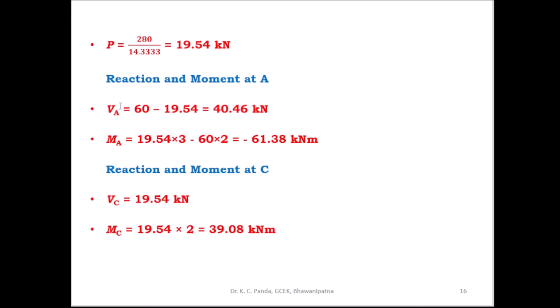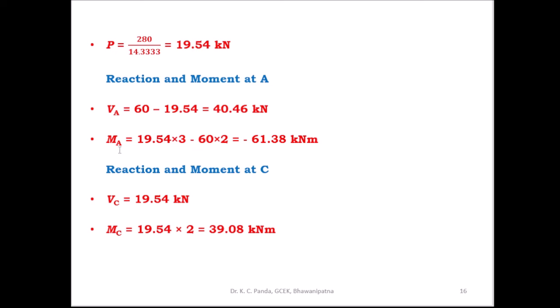Then you can find out the vertical reaction at A by considering the summation of vertical forces equal to 0. This is the load acting on AB, and this is the reaction at B. So VA is equal to the downward force minus the upward reaction at B, 60 minus 19.54, which is equal to 40.46 kilonewton.